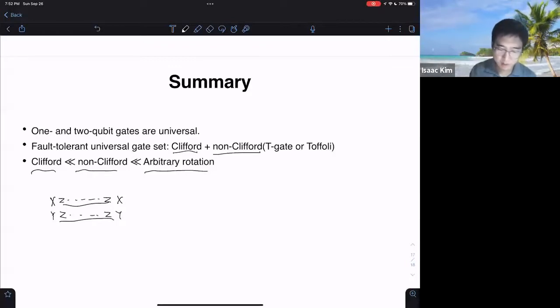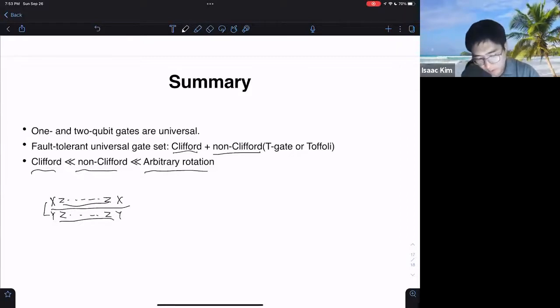At the end of the day, you just need to exponentiate operators like this for time evolution, and that is doable, because this is just a Pauli product operator, and you can map that into a single qubit operator by conjugating by a Clifford, and Cliffords are cheap operations. So in that sense, yes, this problem can be dealt with.